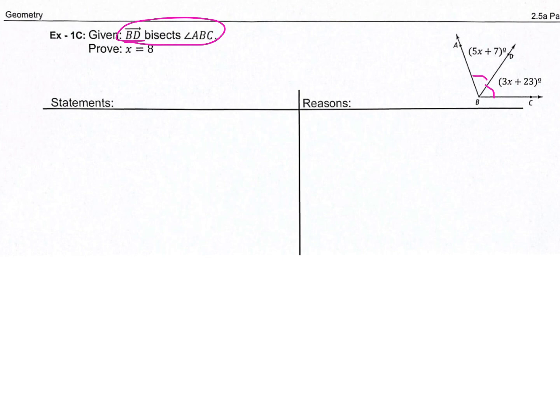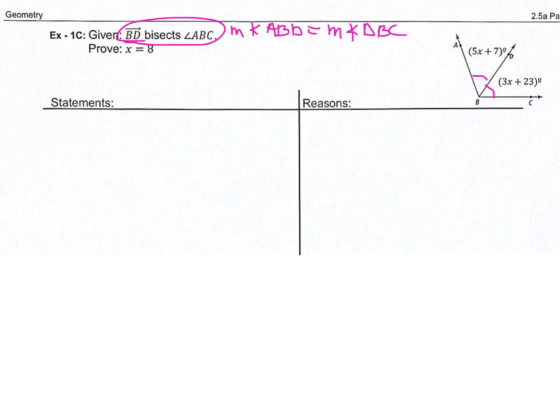So if that bisects it, then I know that the measure of angle ABD is equal to the measure of angle DBC by the definition of an angle bisector. And then from there, won't I substitute these values into here, solve it algebraically? Don't forget, you want to get this included into your given in that first statement. So go ahead and pause the video, do the entire proof on your own, and then restart the video and see how you did.